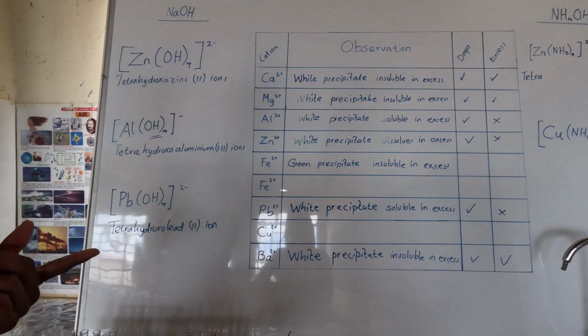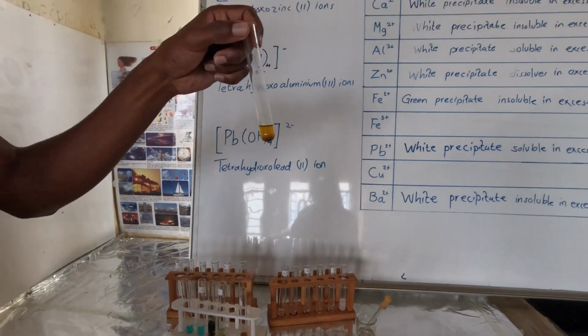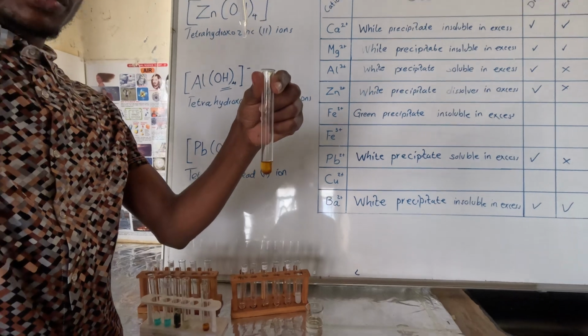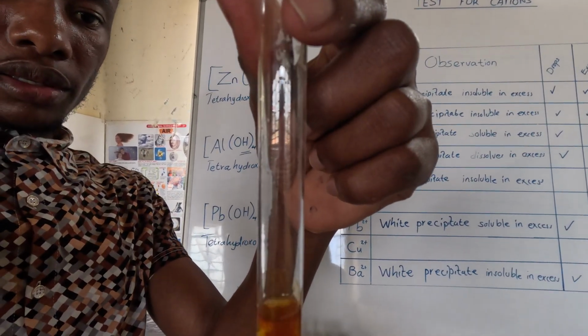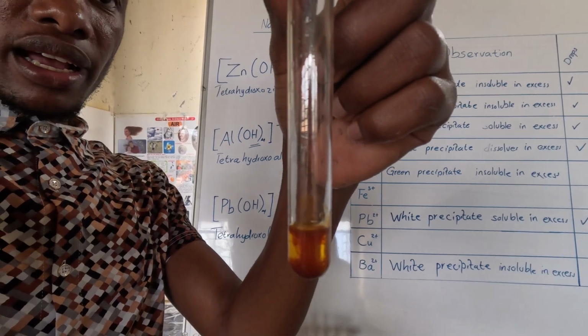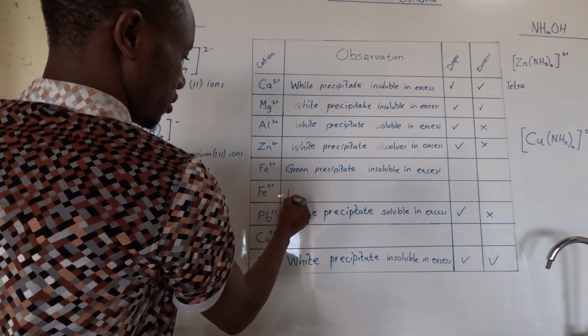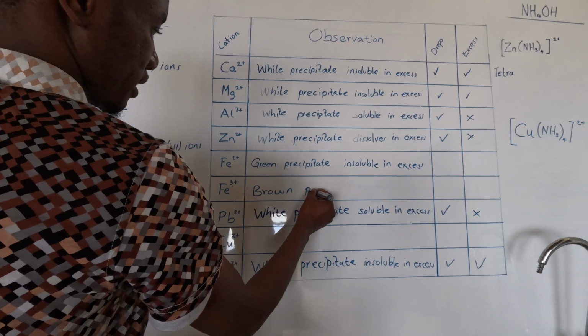Now we want to get to iron 3. Iron 3 is here, it is brown in color, and when we add a few drops of sodium hydroxide, are you seeing a brown precipitate? Brown precipitate.